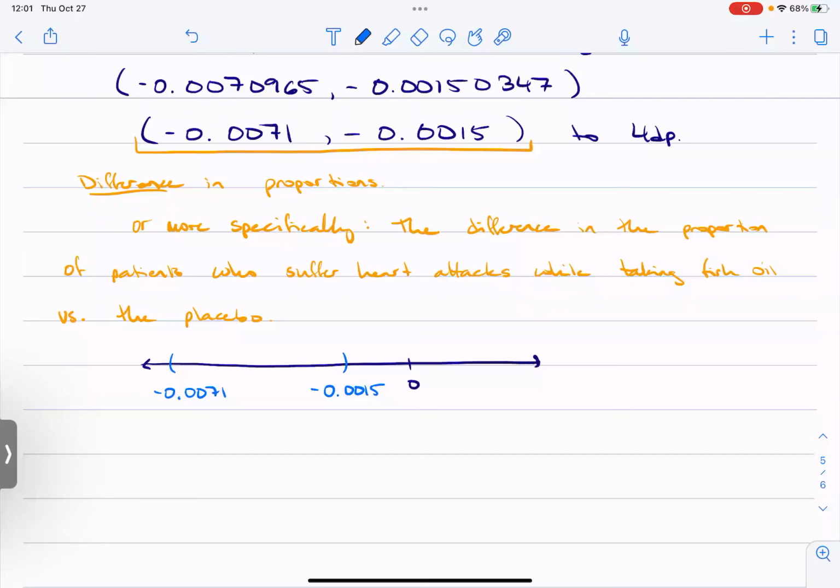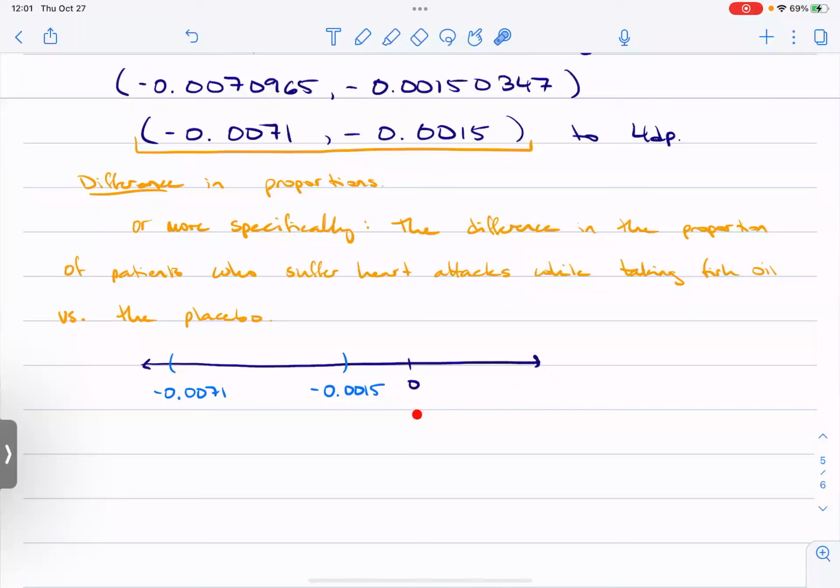Okay. Could you use this to test the hypothesis? Is there a difference in the proportion of heart attacks in people who take fish oils versus the placebo? Yes, you can use a confidence interval to test the hypothesis, at least informally. Because if there was no difference in the proportions, then the difference would be 0.